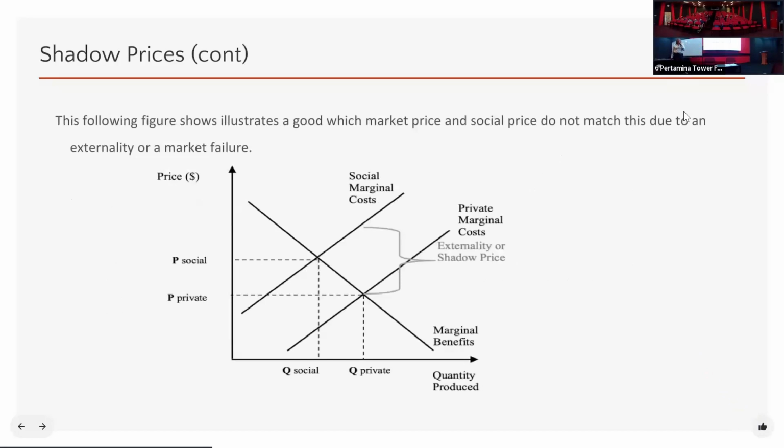So let me show you. We're going to look at the quantity private and the price private, okay? And you can see that the demand and supply cross. So P private is the price of the market, and that's the quantity of the market. However, imagine, okay, that this price private is very low. What kind of good do you think this could be? This could be labor, okay?